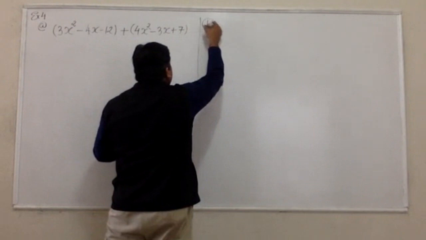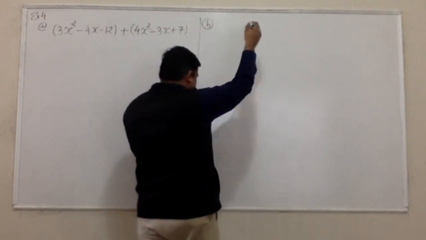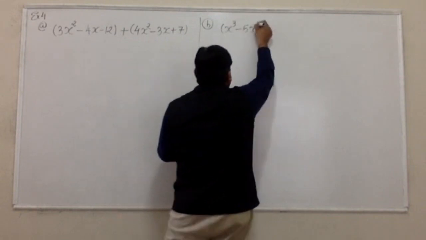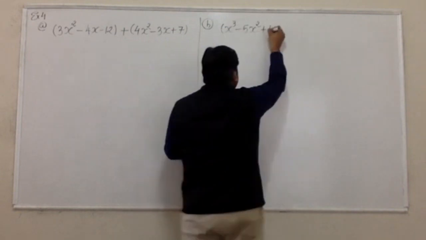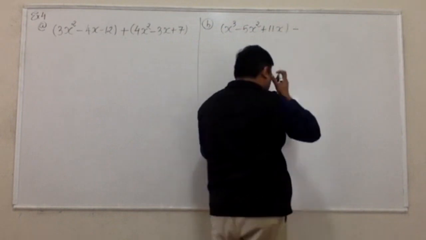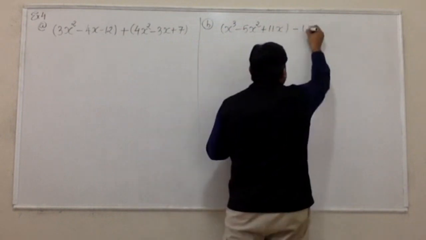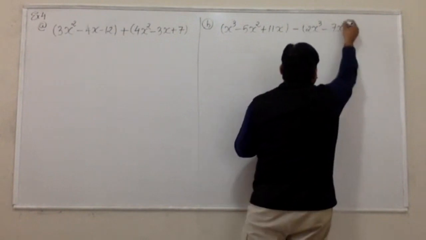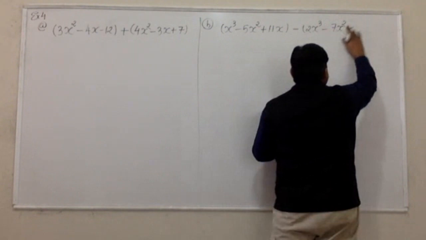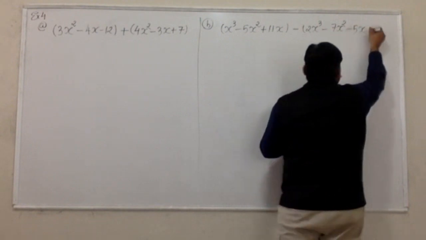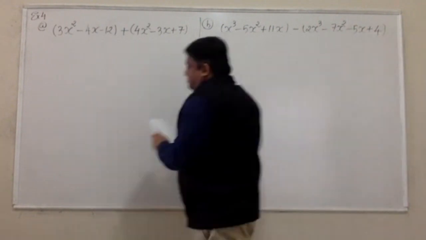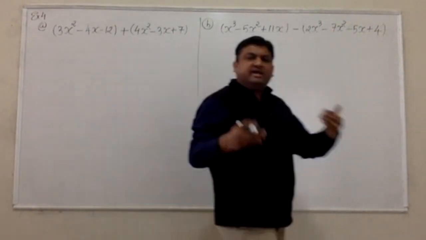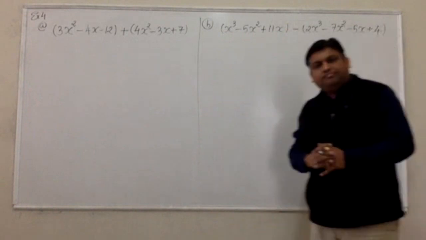And then part B asks us to subtract two polynomials, x cubed minus 5x squared plus 11x minus 2x cubed minus 7x squared minus 5x plus 4. All right. Let's carefully try to add and subtract these two polynomials.